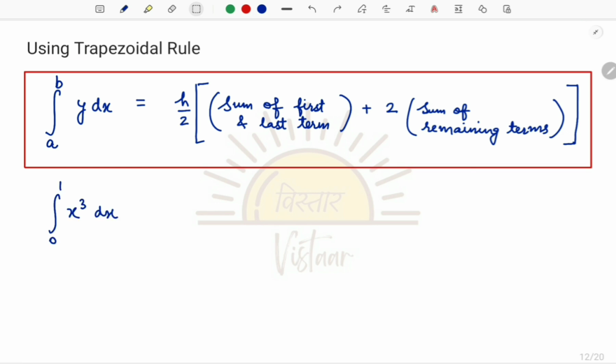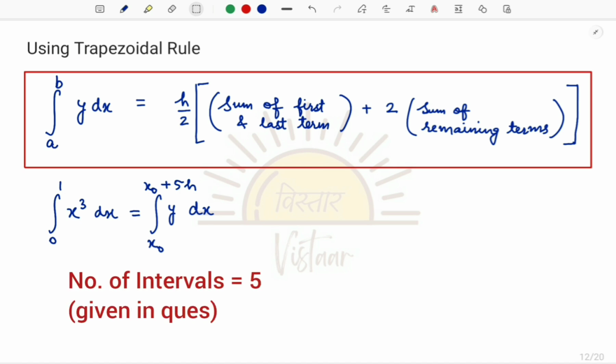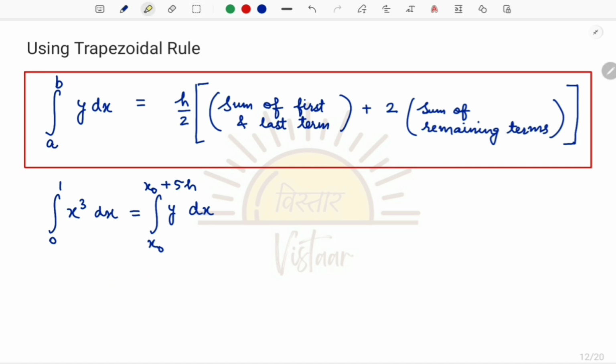Let me write it. So we have to find the integration from 0 to 1 for x cube dx. This can also be written as integration of y dx from x0 to x0 plus 5h, as the number of intervals were 5. Now we have to find the sum of the first term and last term.